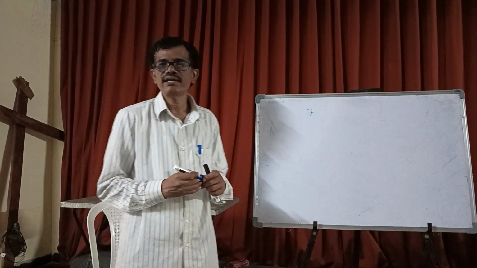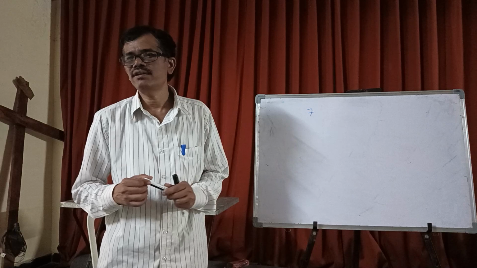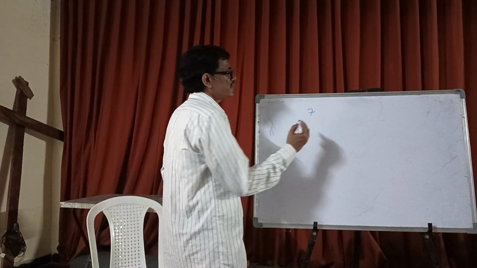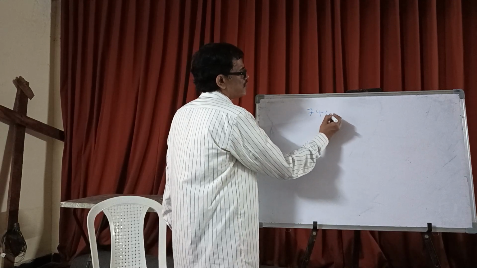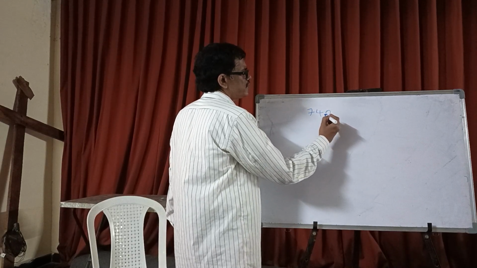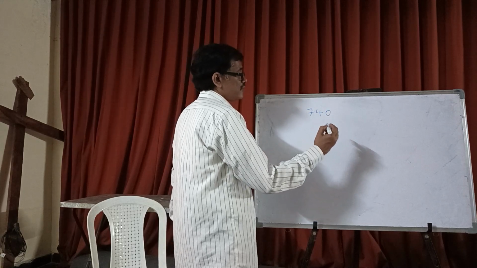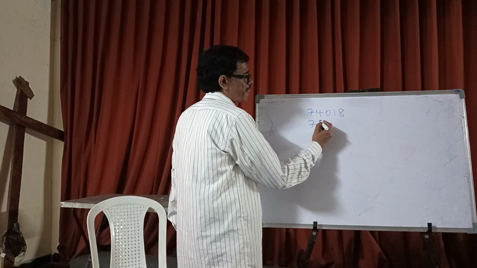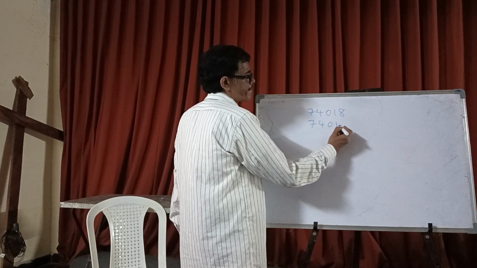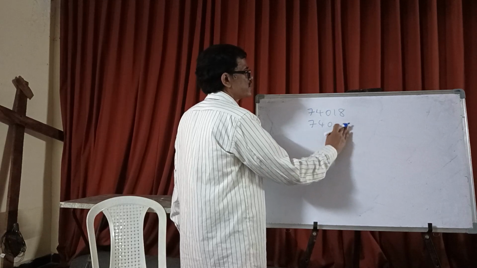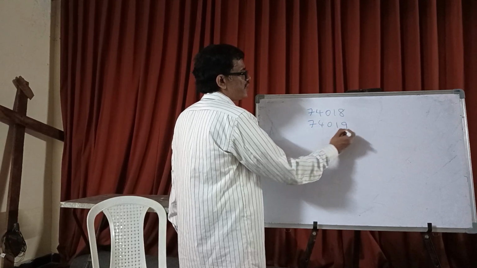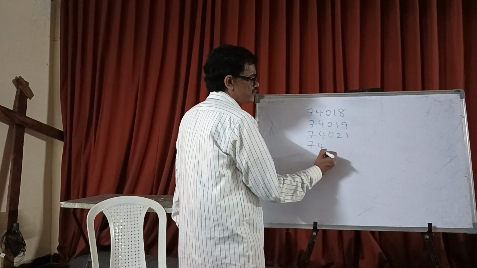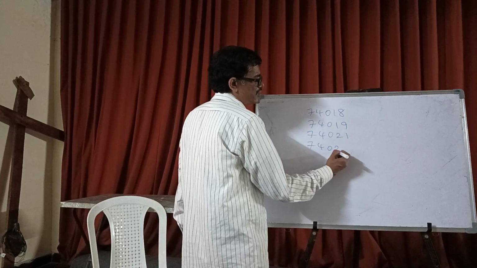The radiological examination of abdomen అన్నప్పుడు అది ఏ నెంబర్ లో ఉంది చూడండి. 74018. 740181920 అని ఉన్నాయా, 18, 19 and 21 and 22 కూడా చూడండి, 74022.